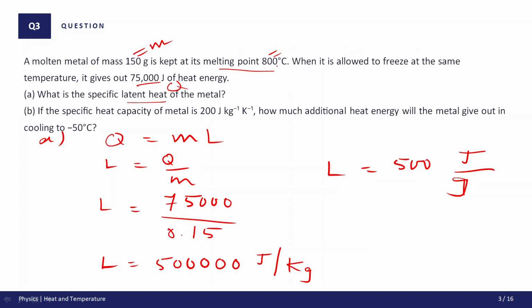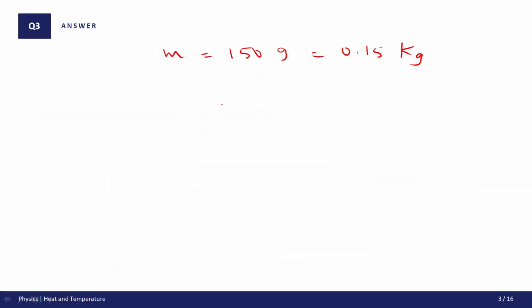Initial 800, the final is minus 50. So I will write here the delta T, the change of temperature, is final minus initial: minus 50 minus 800, equal to minus 850 degrees Celsius.